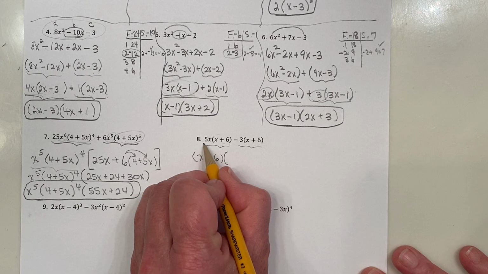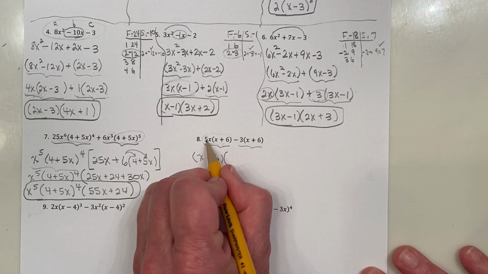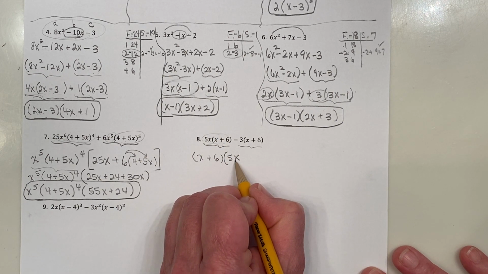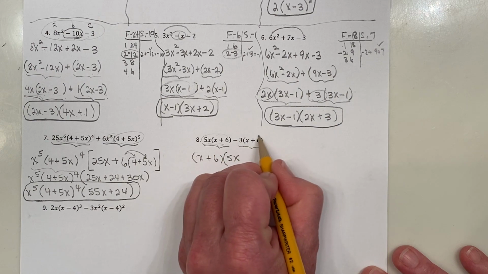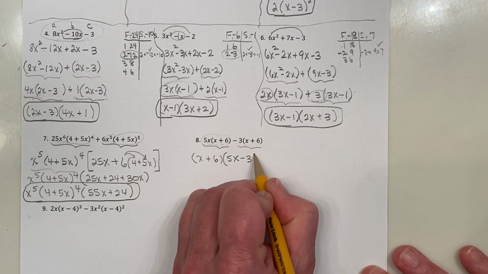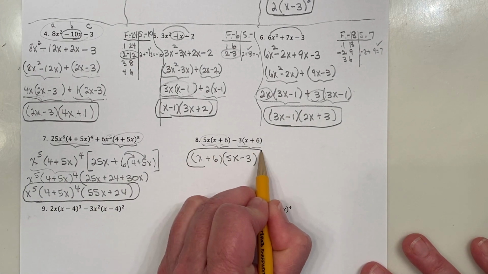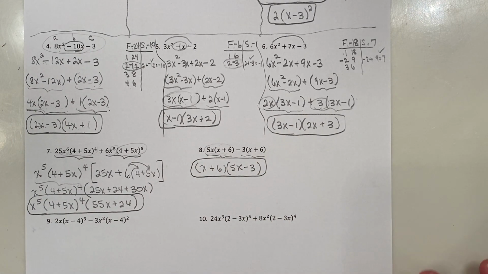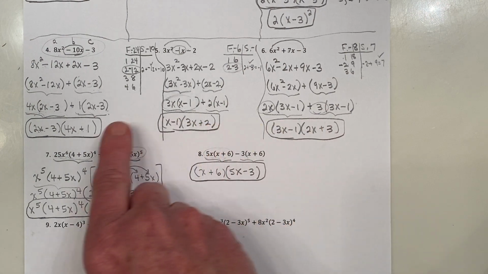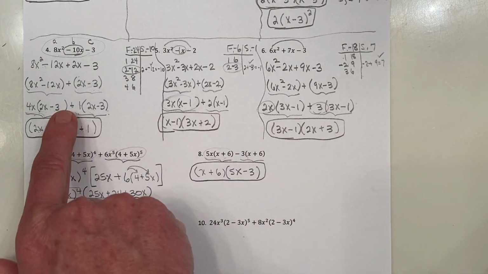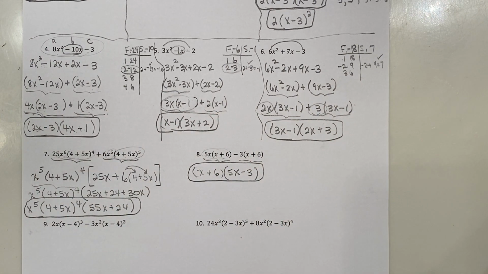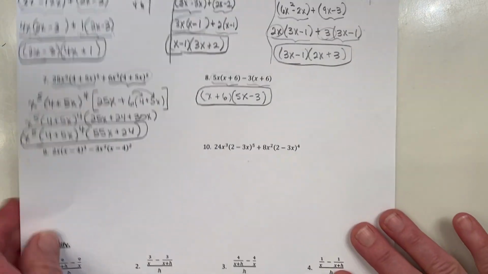When I divide out an x plus 6 from this first term, I'm left with just the 5x. When I divide an x plus 6 out of this second term, I'm just left with the minus 3. We're actually finished. That's actually just one small step of these factor by grouping problems that we did. Then when we got down to the end here, that's all that is. Okay, let's look at number 9.